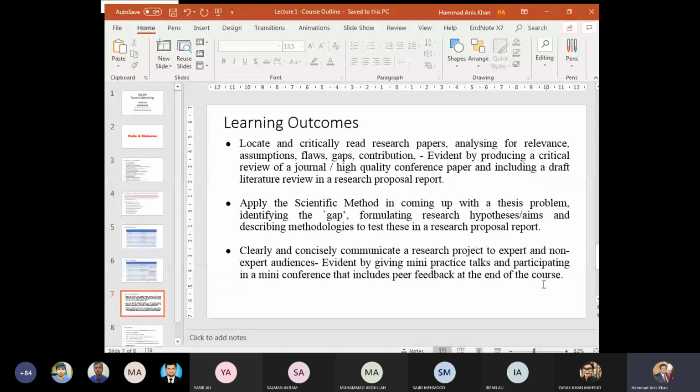Okay. People in the DL mode, do you have any question? Sir, I have two questions in general. Okay, Zarak, two questions. The first question is regarding the course schedule, sir. I haven't seen anything telling us how we are going to write the whole research. What is the format, or how are we going to mention the bibliography or the references?